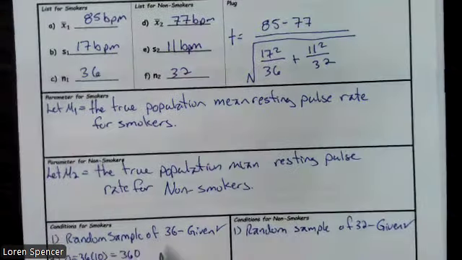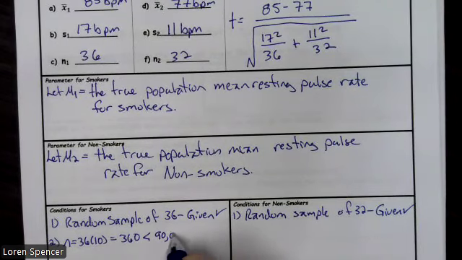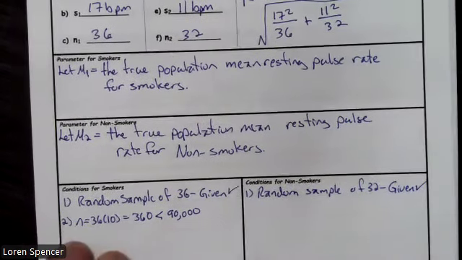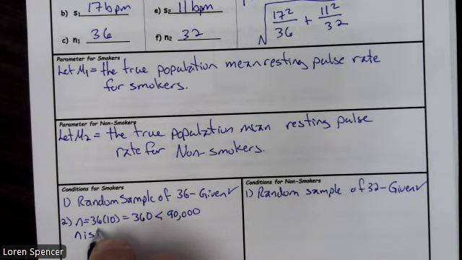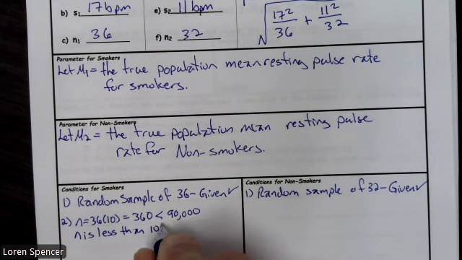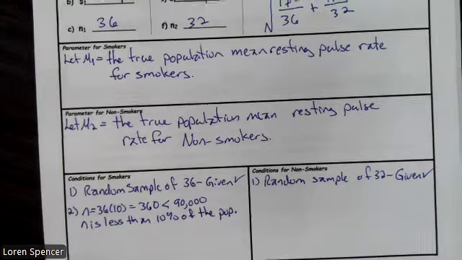Well, 360 is less than 90,000. So now we're going to make this the statement n is less than 10% of the population. I'm going to abbreviate that because I ran out of room.